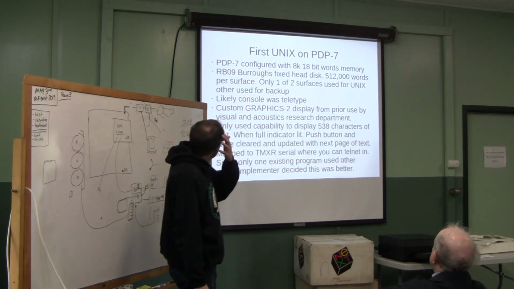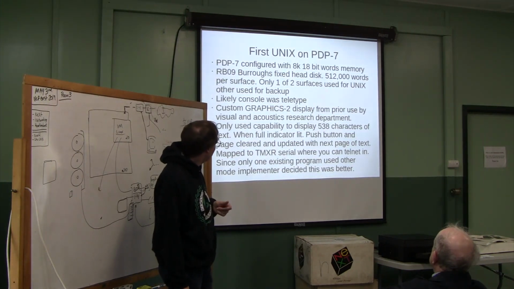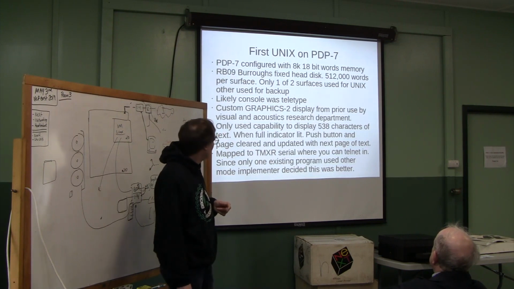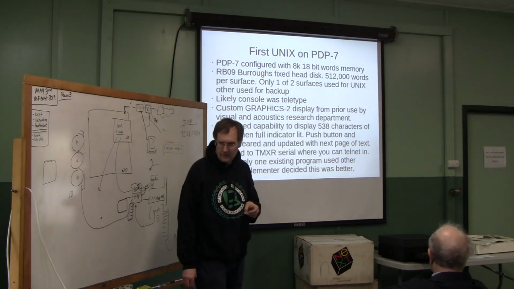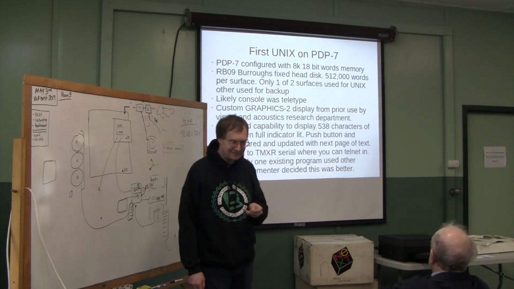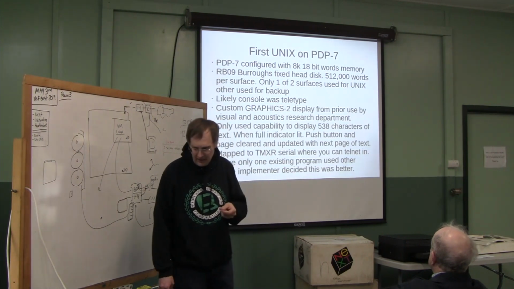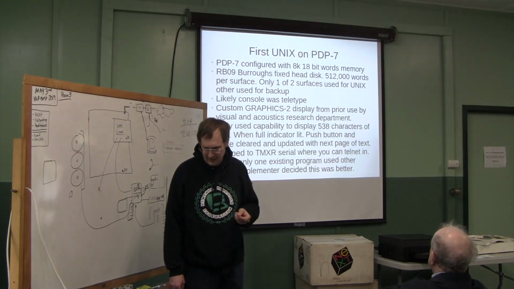The PDP-7 was configured with 8K 18-bit words of memory and an RB09 Burroughs fixed head disk drive with 512,000 words per surface. Only one of the two surfaces was used by Unix. The other was used for backup. It also had the custom graphics for the visual and acoustic research department.